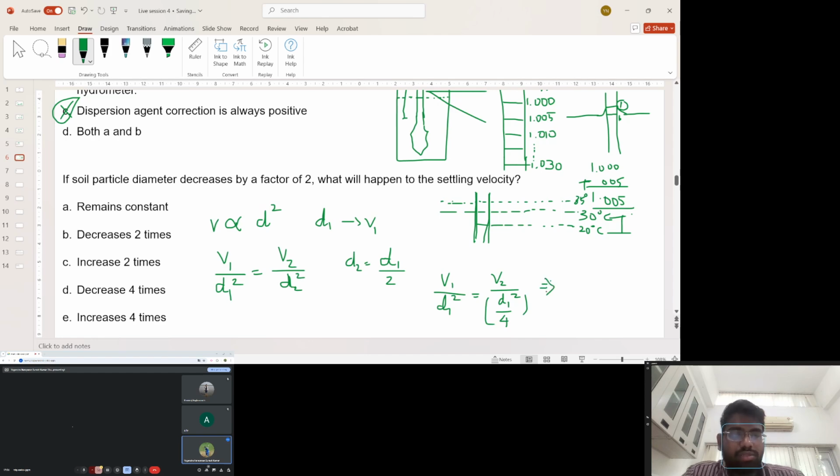Now moving this, v1 is equal to 4 v2. So we need v2. v2 is v1 by 4. So when you decrease the diameter by 2, the velocity decreases by 4 times. So the option is D.